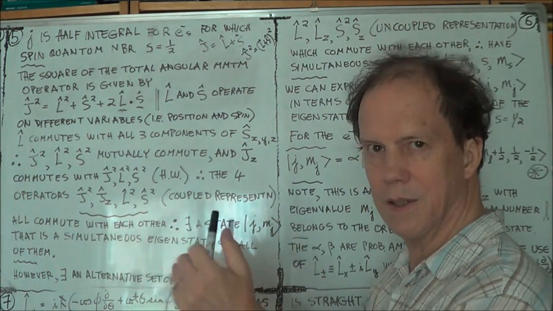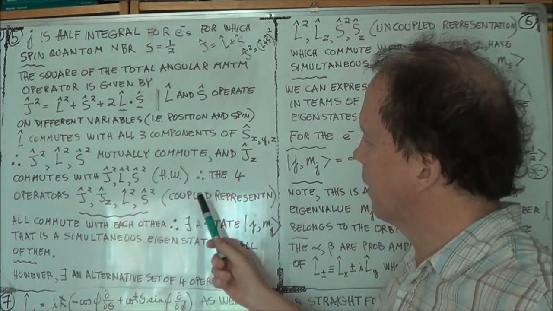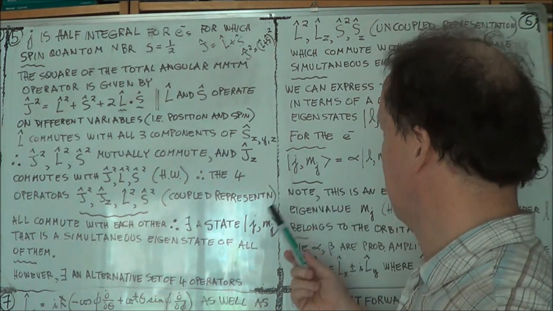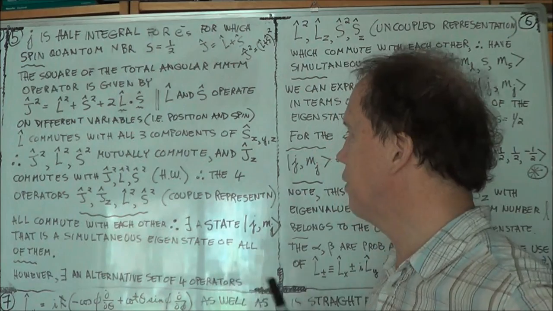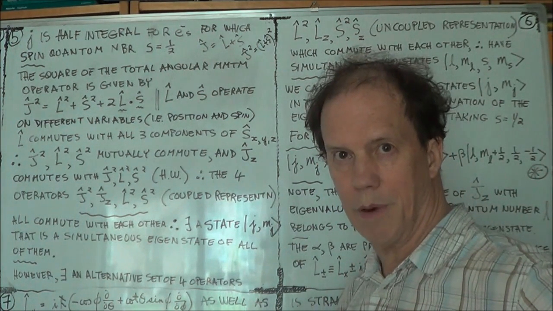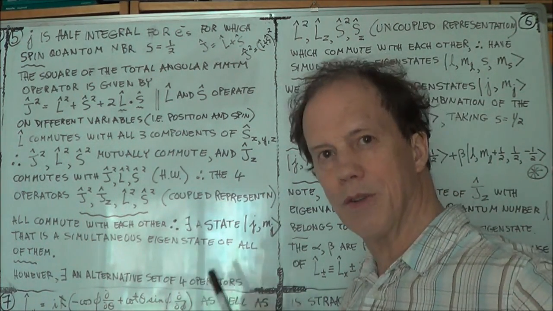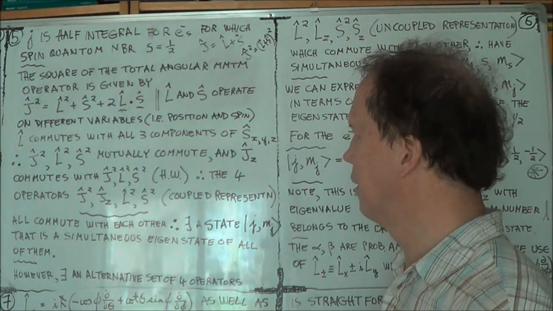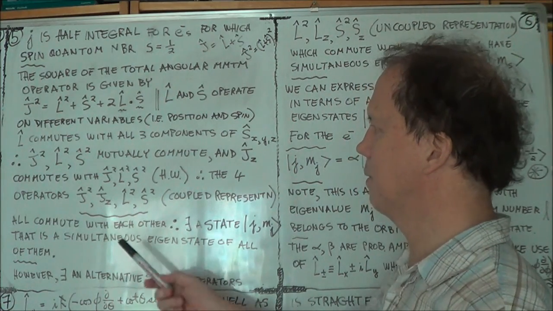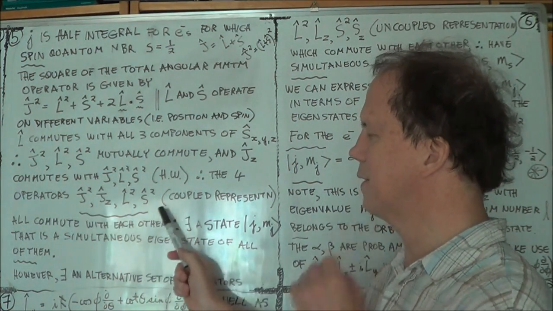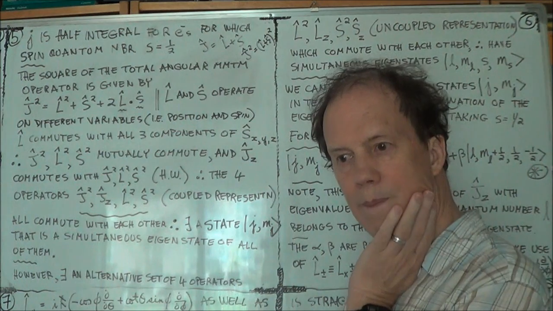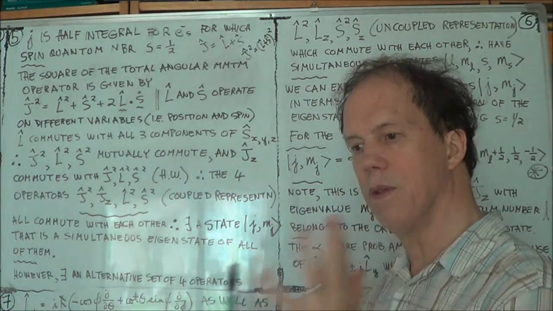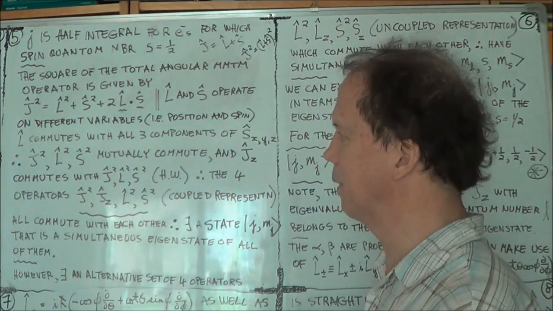They're sort of linked. Whereas in the next segment, I'll give you an example of an uncoupled representation, and then you can compare the two, and that'll help clarify what's meant by a representation. A representation, then, is a set of mutually commuting operators on the composite system you're talking about.